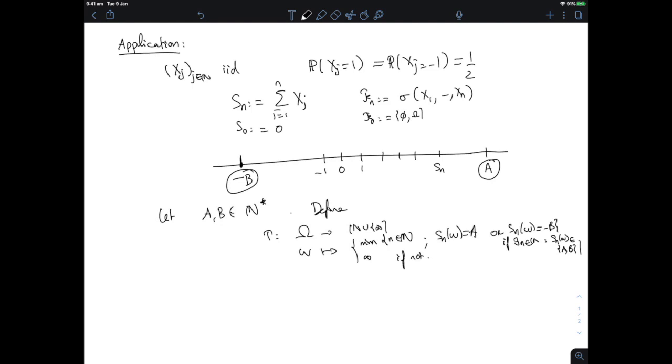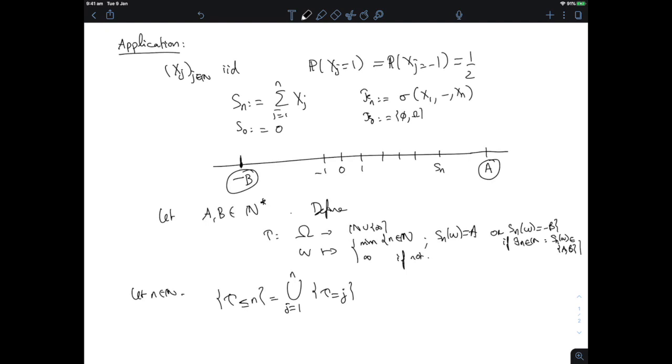Now, I want to show that this is a stopping time, so I give myself a natural number n and I consider the event tau smaller or equal to n. That means you've exited at a time smaller or equal to n, so either that time was 1 or 2 or 3, anything up to n. So this set is really the union for j equal 1 to n of the set tau equal to j.